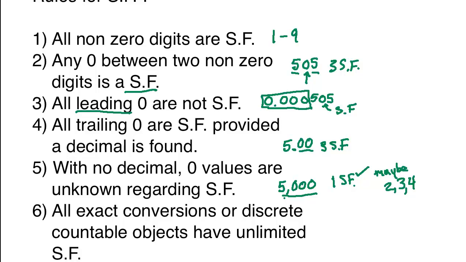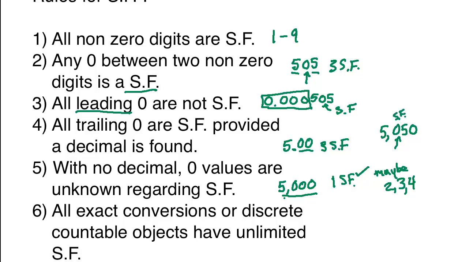Now, let me just show you one other value here. What happens if I were to report 5,050? In this case, note that this 0 is between the two 5s, and Rule 2 is in place before Rule 5 is in place. So the second digit, the 0 in between the 5s, would be considered a significant figure.